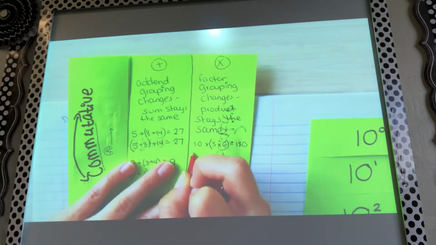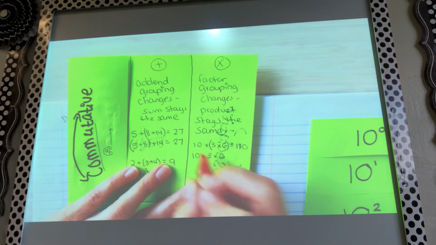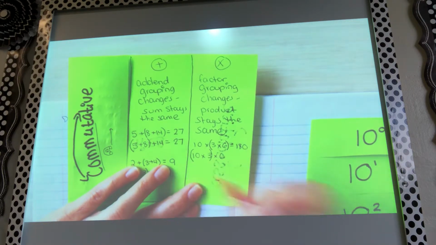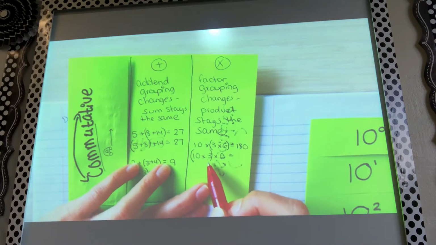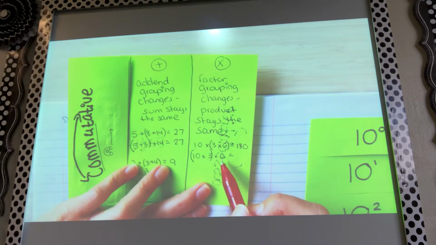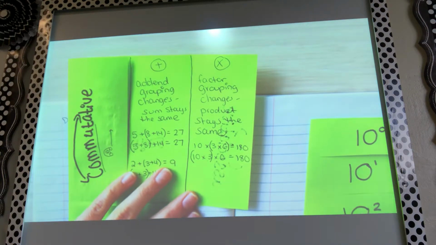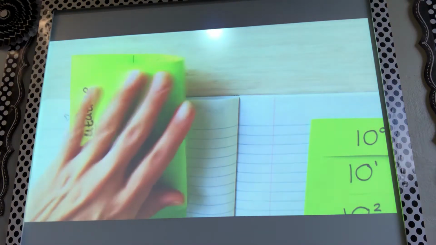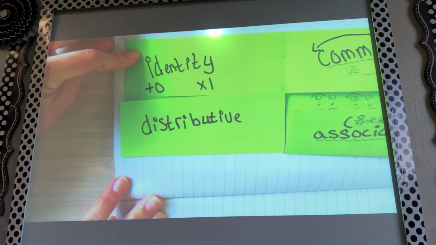Well, if I leave my factors in the same spot, 10, 3, 6, and just move my groupings over here, I have 10 times 3, which is 30, times 6, which is 180. Same thing. Just moving my groupings. That's the associative property.